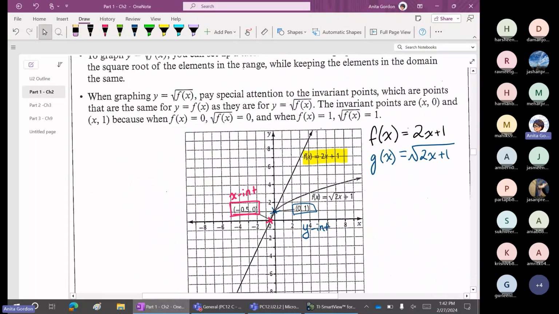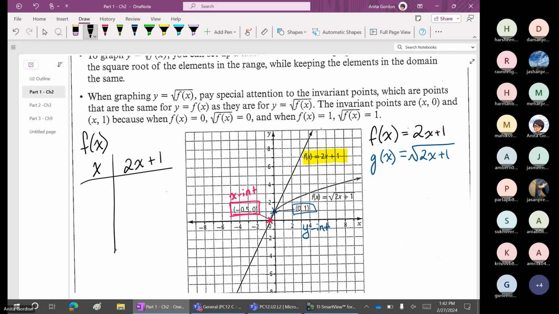When we are looking at a table of values for f of x, let's just pretend we have some here. I'm going to write x and 2x plus 1. Let's say that I have negative 7.